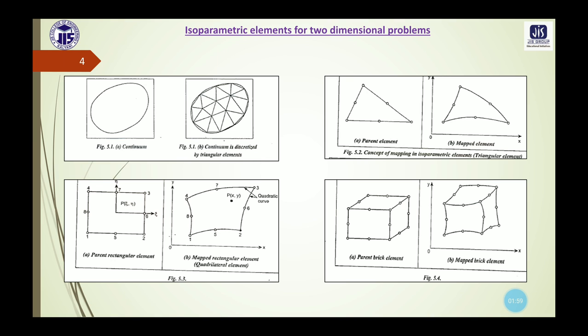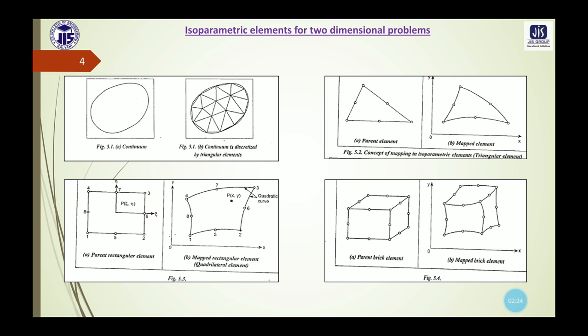So first we will start with the concept of the isoparametric elements. What we know is that the finite element method is a powerful technique for analyzing engineering problems which involve complex and irregular geometries.